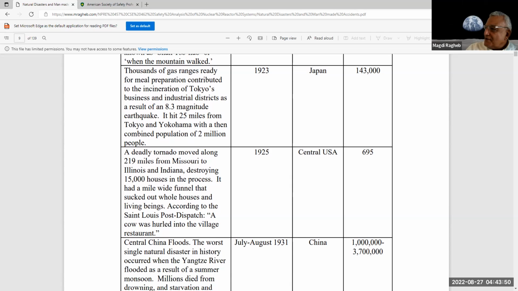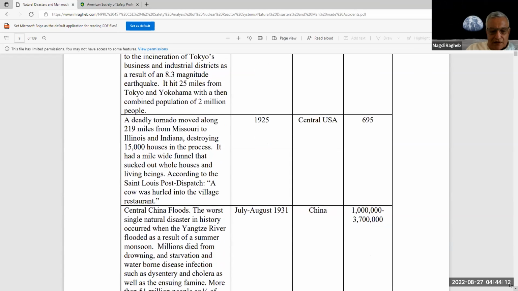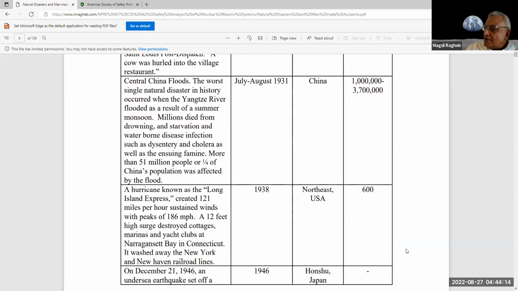And it destroyed all the structures in its path, and so it can affect people anywhere in the United States. And some report from the papers is that somebody saw a cow hurled into the village restaurant. It killed 695 people. And our area of the world here is very prone to tornadoes in particular.